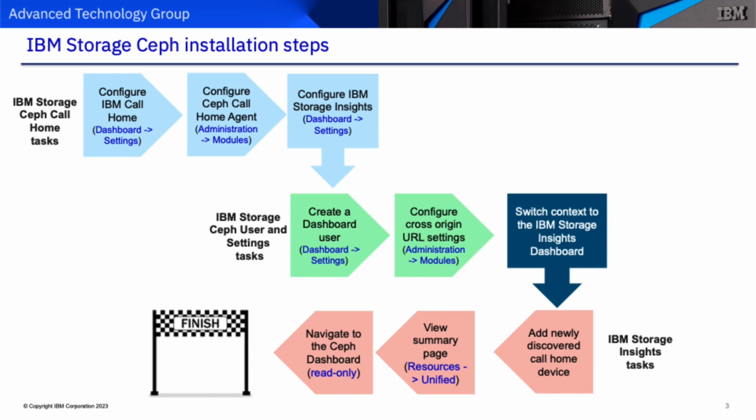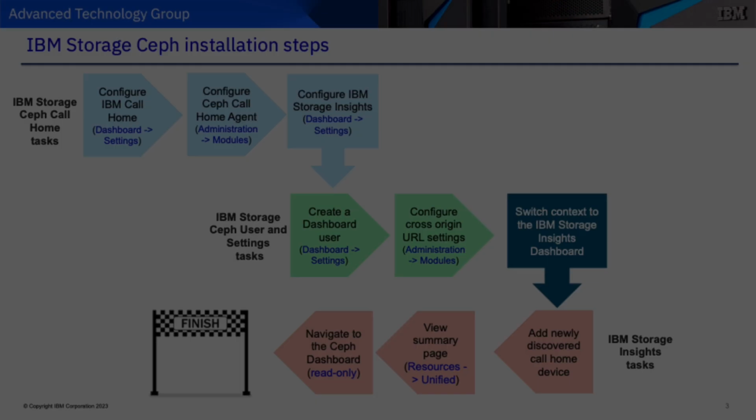Finally, at the bottom, IBM Storage Insights tasks, discovering that newly configured cluster, and then navigating to the resources unified page and clicking that IP address to launch a dashboard session on premises, all in the same browser window.